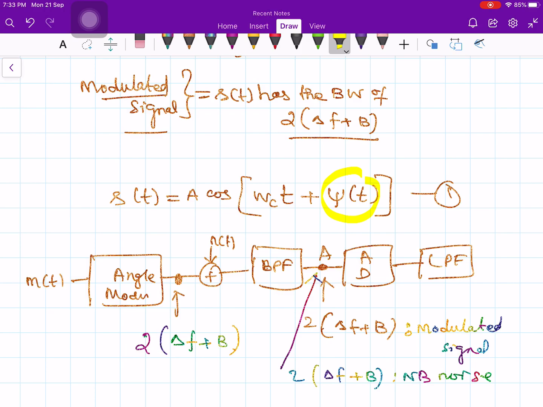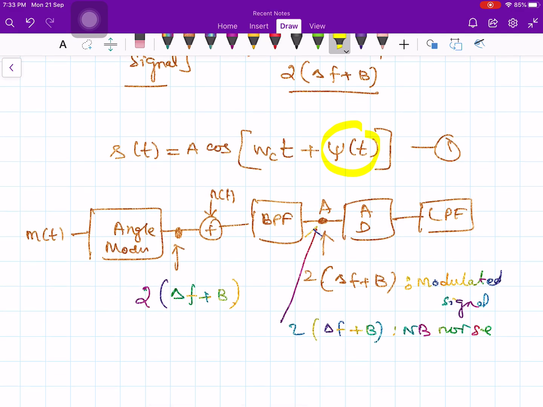That is the important point to understand here. If you look at the sum of these two things, the signal has a very large bandwidth, noise also has a very large bandwidth, but your message has a very small bandwidth.